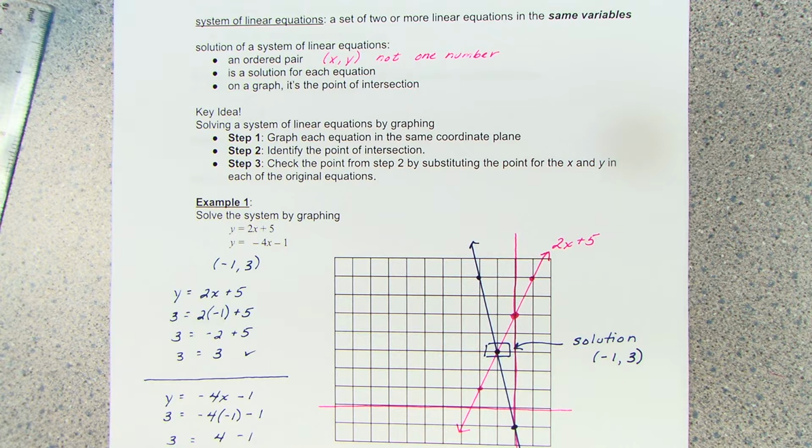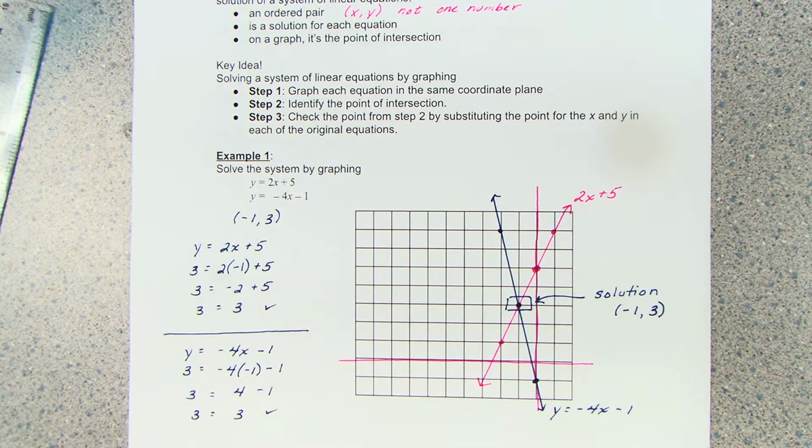All right. So you do not always have to write out the whole check, right? But you should always do the check, even if it's in your head. You grab that answer and you substitute it back in and you make sure that it works, right? Always check your answers by substituting.